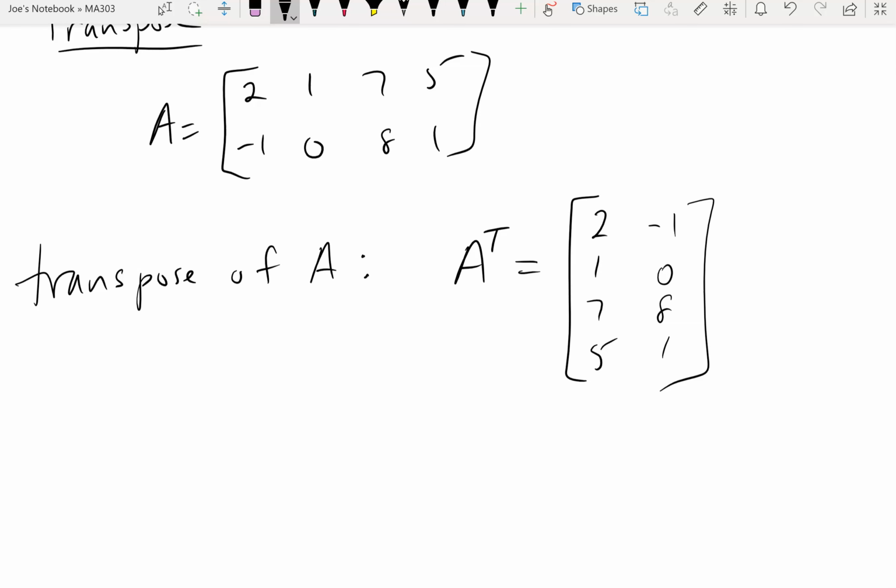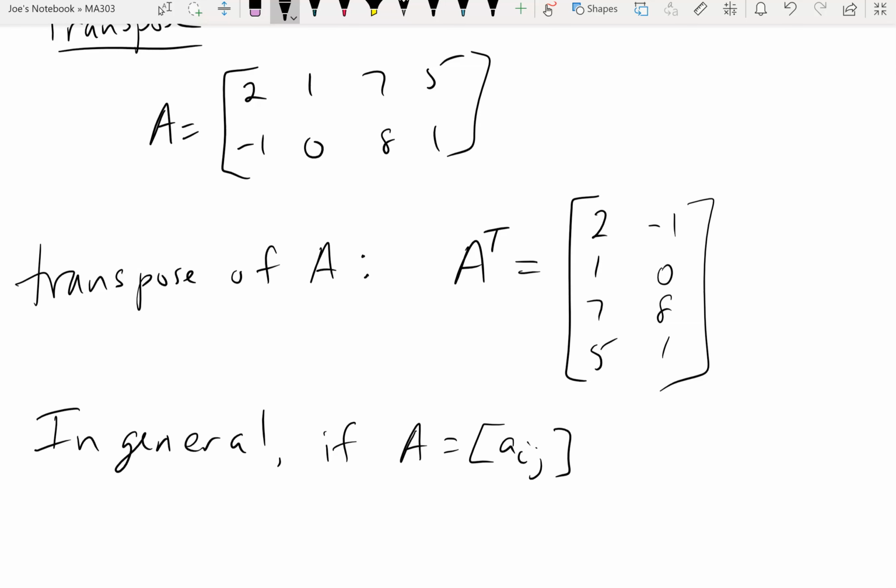All right. So to write this down, in general, if capital A has little a sub ij as its entries, and it's an M by N matrix, then A transpose, I'll write it as B sub ij, is an N by M matrix, because again, columns and rows get flipped around.